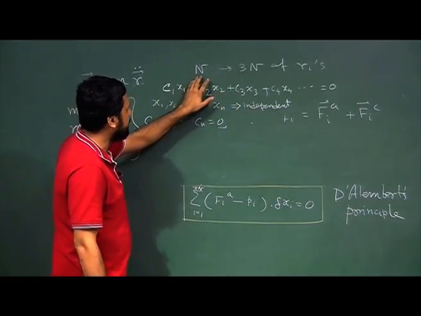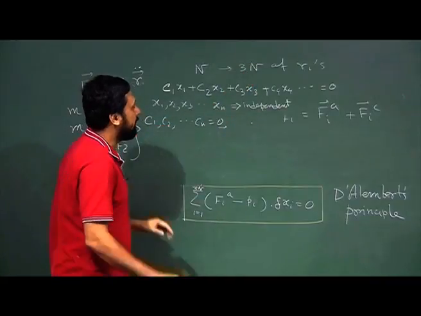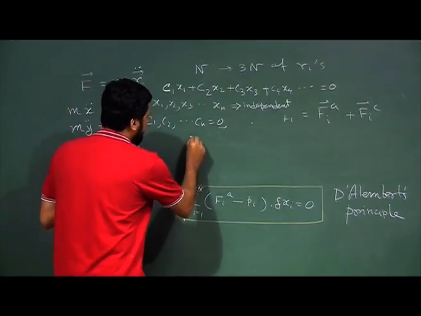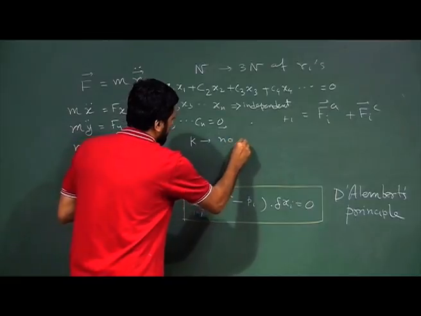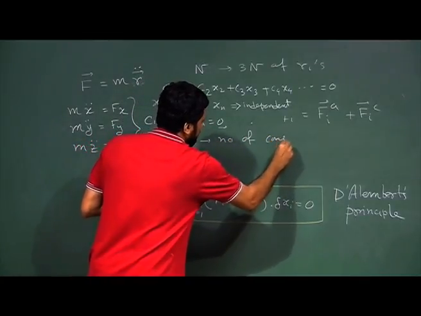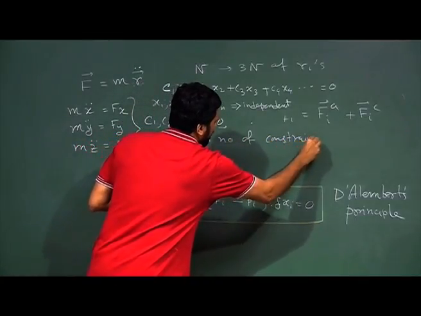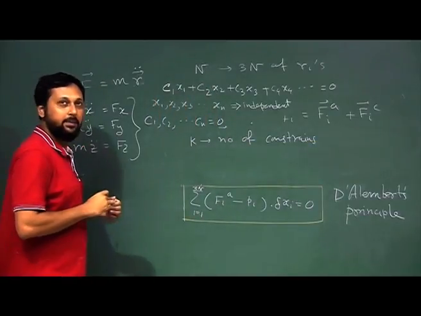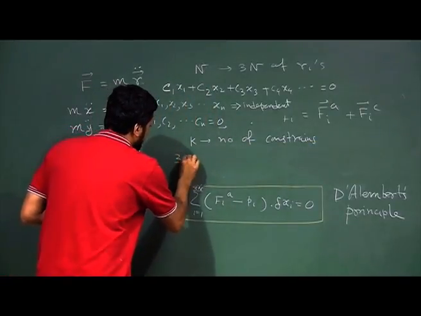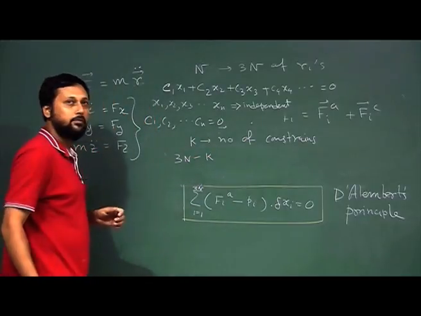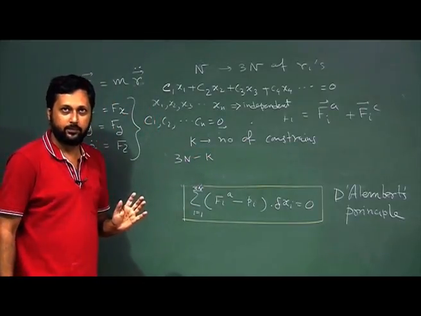The system has n particles, which need 3n coordinates, but at the same time it has k constraints. So this k number of constraints means we need 3n minus k independent coordinates.